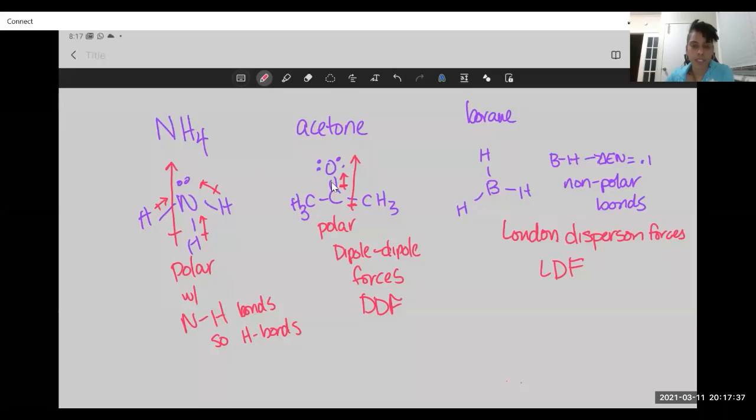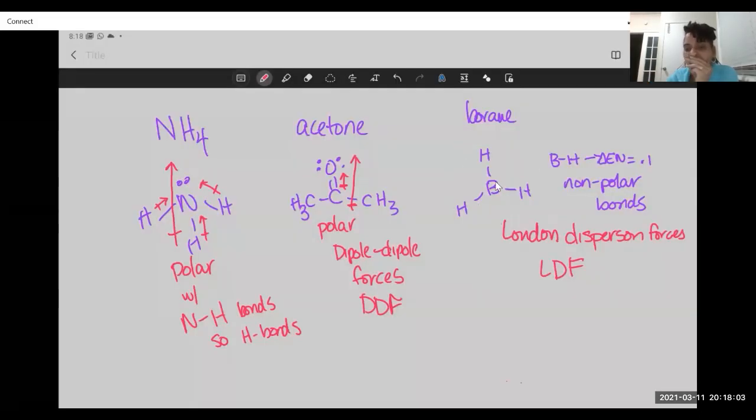We've got this oxygen atom up here that is pulling electrons in this direction. So being that it's just a polar molecule, it's going to have dipole-dipole forces. There are no hydrogens attached here, so this would not exhibit hydrogen bonds.